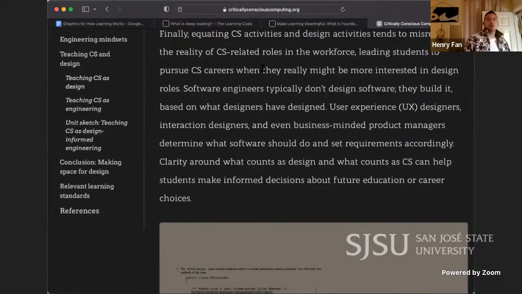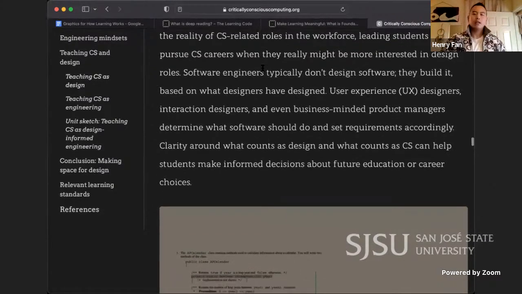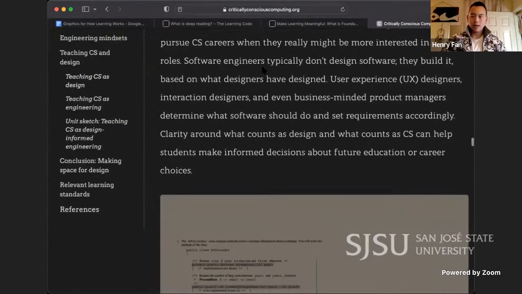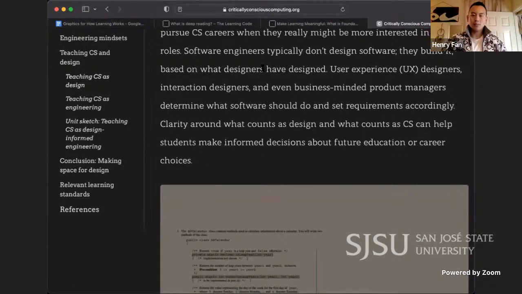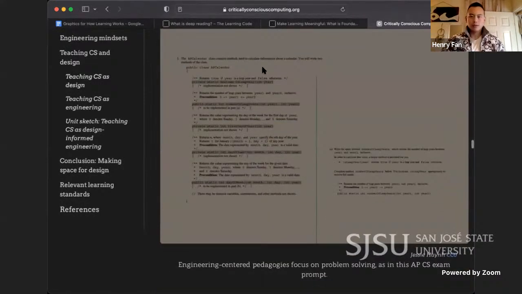User experience, UX designers, interaction designers, and even business-minded product managers determine what software should do and set requirements accordingly. Clarity around what counts as design and what counts as CS can help students make informed decisions about future education or career choices. Here's an image.